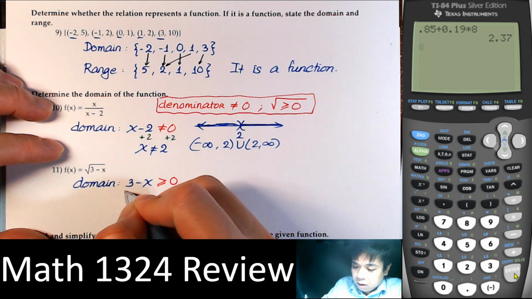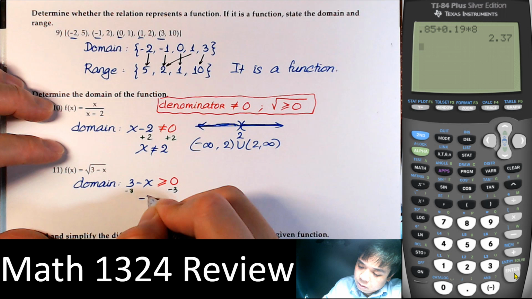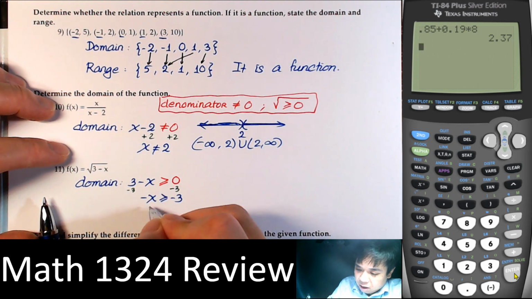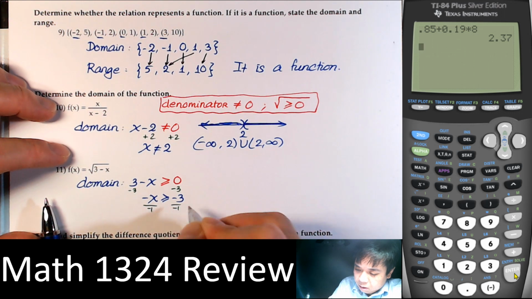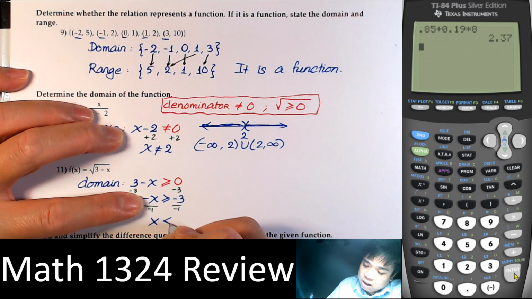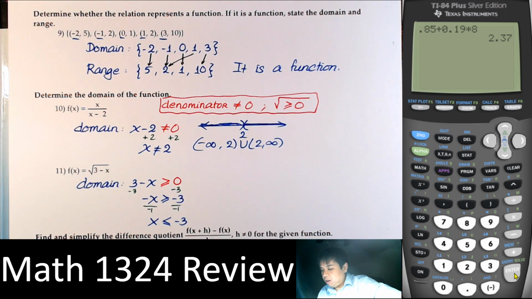So add 3 on both sides. And divide by negative 1. Here we divide by a negative number, so we have to reverse the inequality. So x is less than negative 3. Wait a minute.